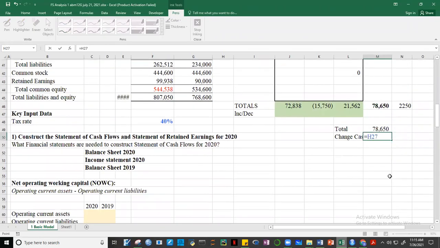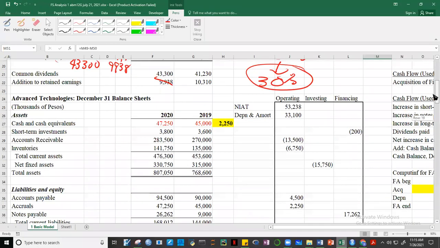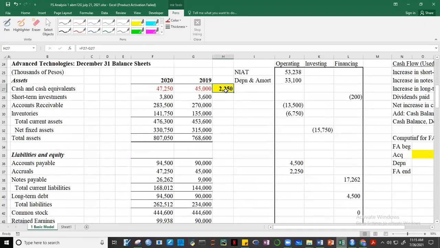Okay, yun ang hinahanap natin na magic number, guys, itong 2250. So we have here a variance, no? May difference tayo na 78. Yan. So we have to account for 76,400. Sobra tayo ng 76,400. So kailangan hanapin natin yan, no? Kasi hindi natin mapafinalize yung statement of cash flows natin kung hindi natin mapapalabas tong 2250.